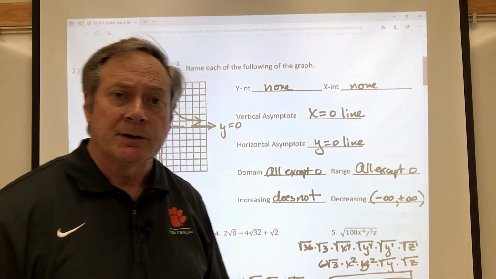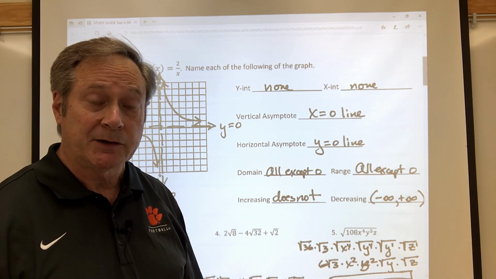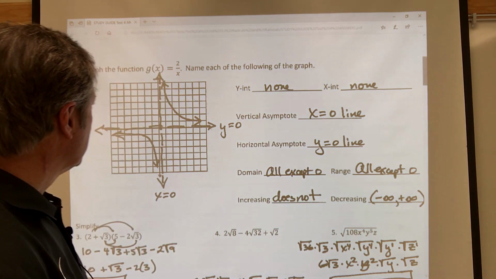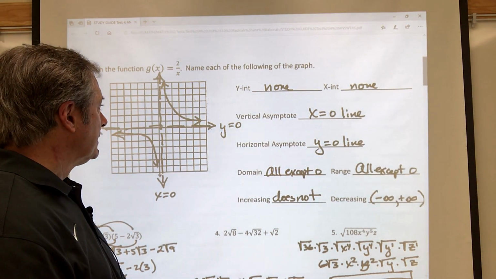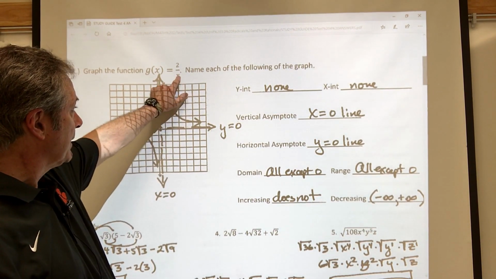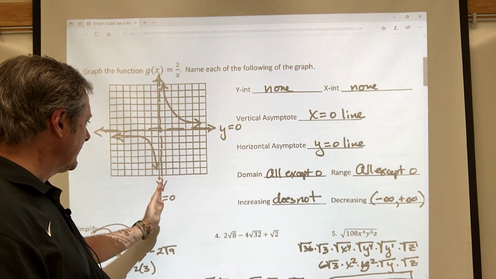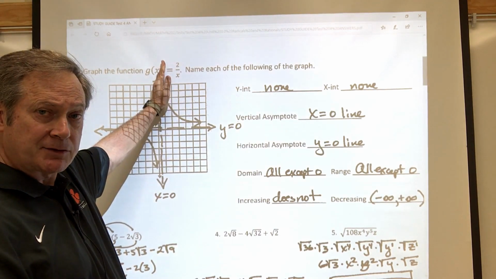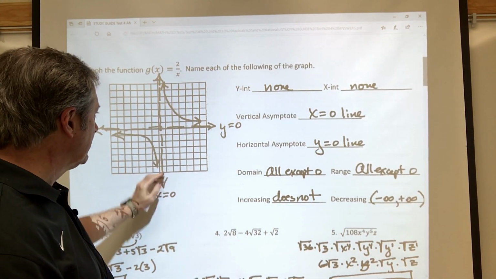Let's scroll up to get to number 2. Again, pause and copy down however you want, but here's my explanation for number 2. Here we have a rational equation. This is where it's undefined when x is 0. So this will be your vertical asymptote. Coincidentally, it's the y-axis, but it's the x equals 0 line.